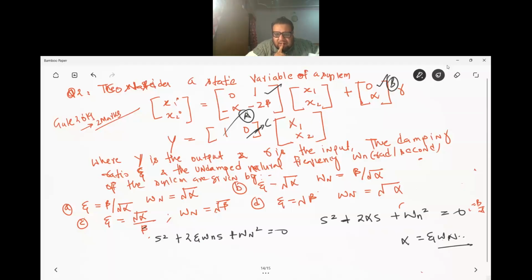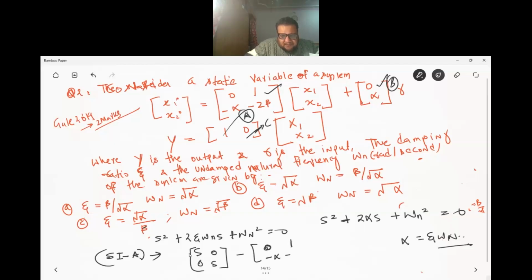Now, do I need to calculate? If I get this one equation sI minus A, will I get an equation in this form? Let me check. If I do this sI minus A, so this is s, 0, 0, s over here, and the A value is here, minus: 0, 1, minus alpha, minus 2 beta, correct?